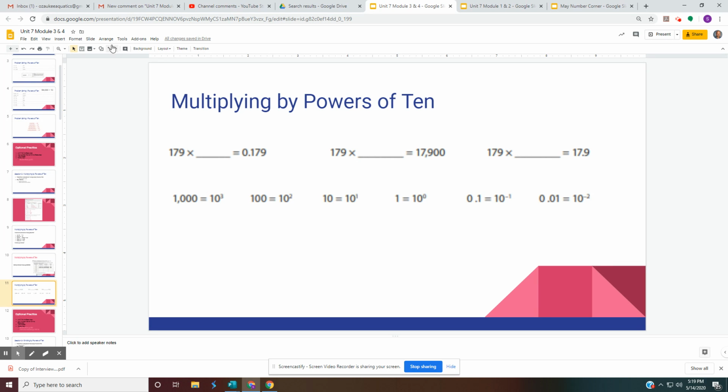So tell me, 179 times what equals 0.179? Figuring my decimal point is over here. I'm going to have to add a text box here because my answer is going to be 0.001.